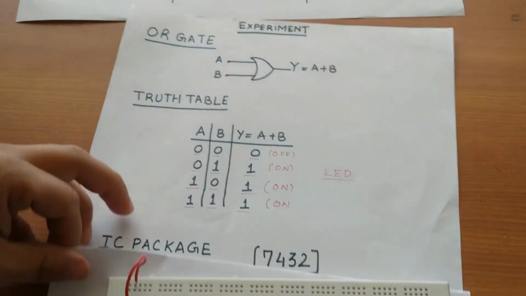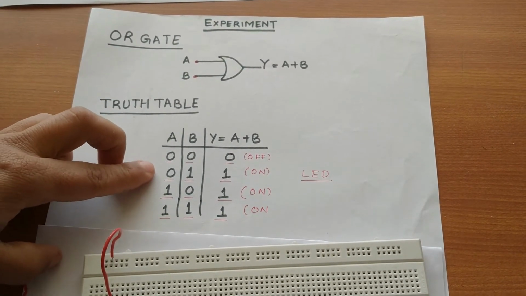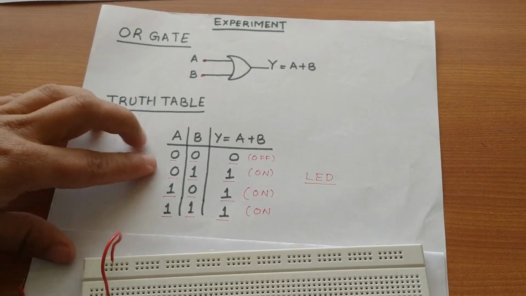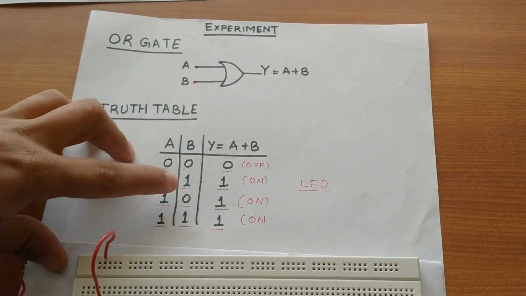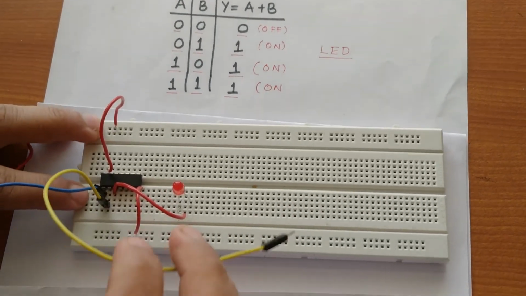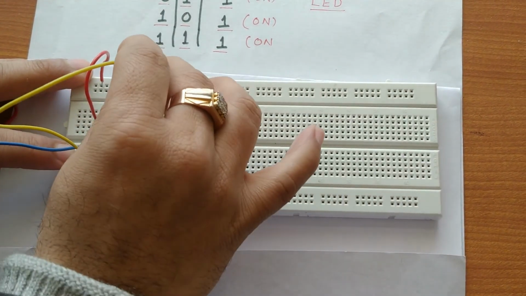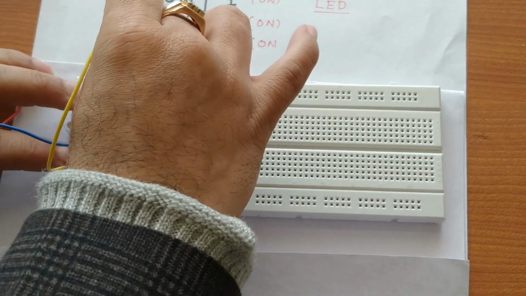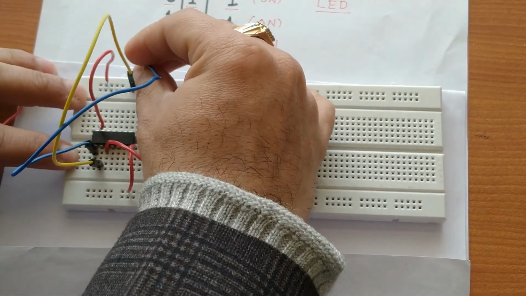If I follow the truth table, initially at 0 0 we are getting 0, at 0 1 we should get 1, at 1 0 we should get 1, and at 1 1 we should get 1. So right now I will connect it to the positive supply, to the positive, 1 and 1.